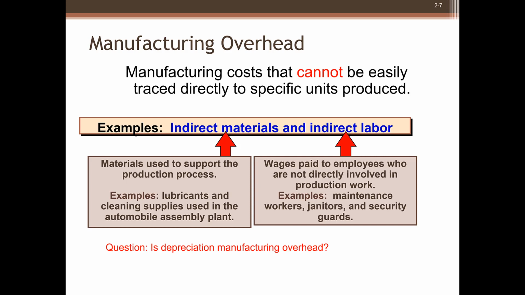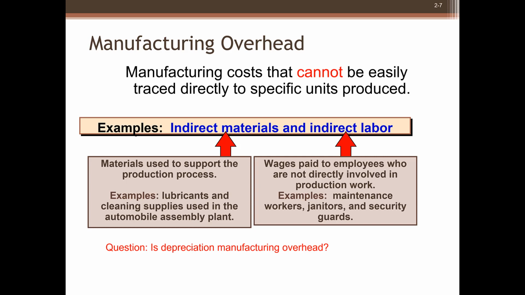For manufacturing companies, if facilities are used to produce products, then we will not expense depreciation. We will recognize depreciation as manufacturing overhead. So again, for manufacturing facilities, depreciation will be recognized as manufacturing overhead, but not depreciation expense.